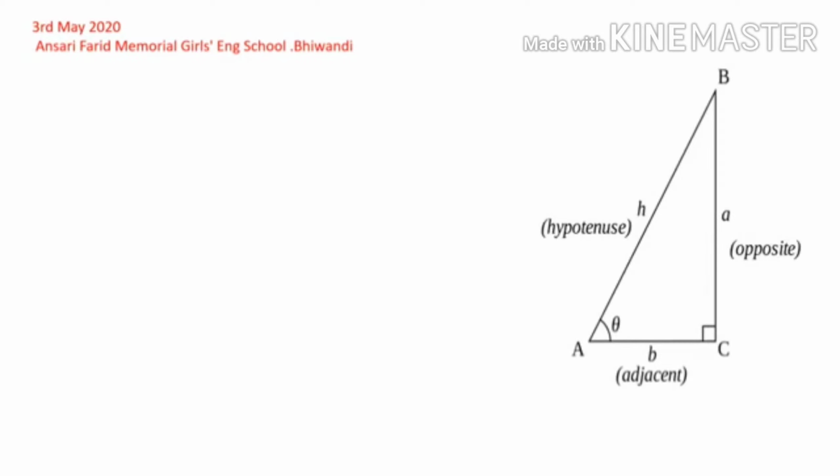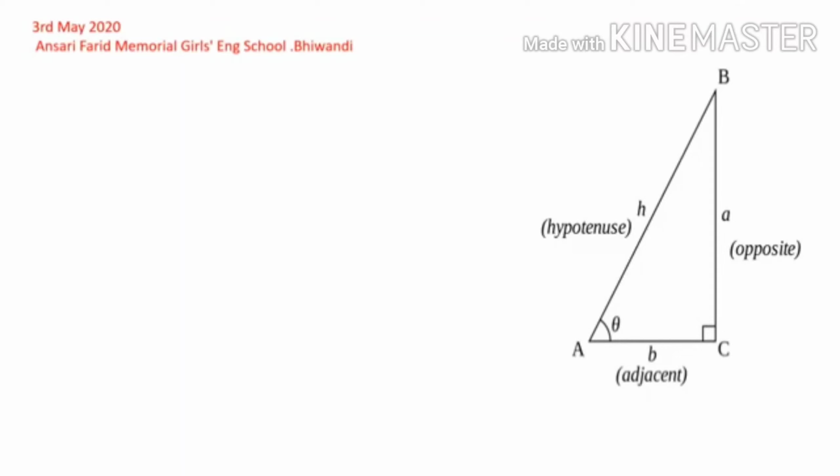In trigonometry, a very important triangle is the right angle triangle. In the right angle triangle, one angle is 90 degrees, and when dealing with trigonometry, the other angle we consider as theta.